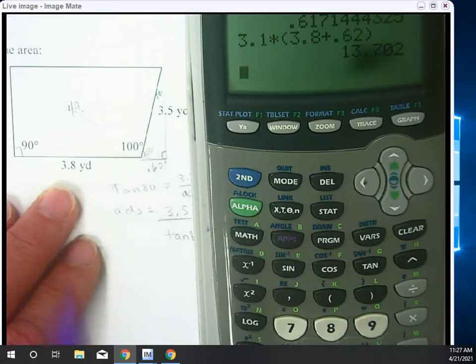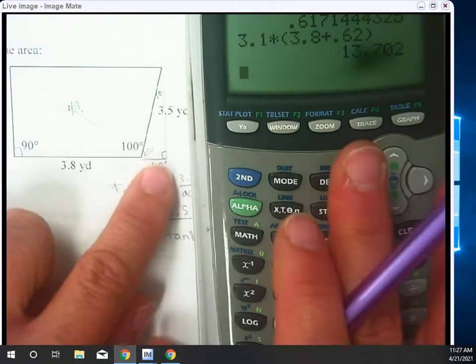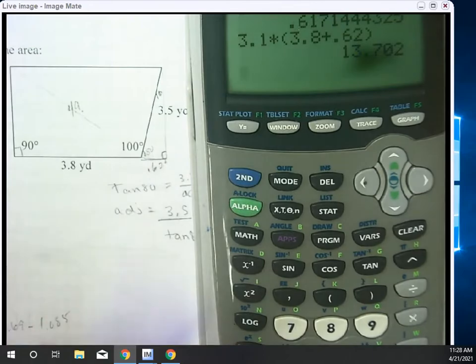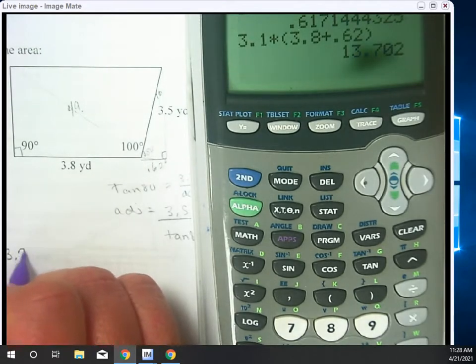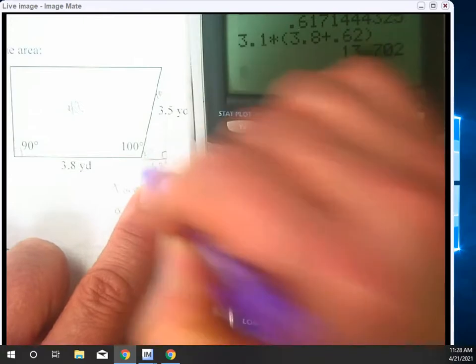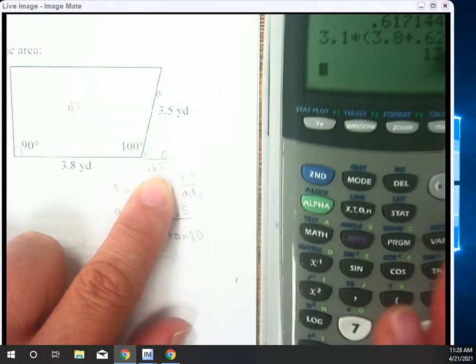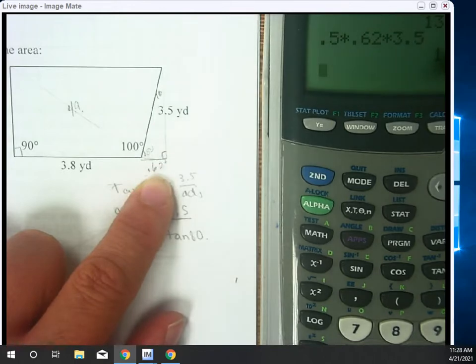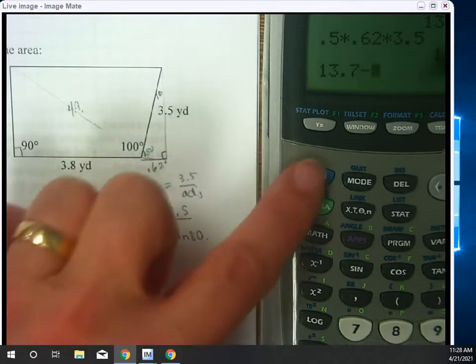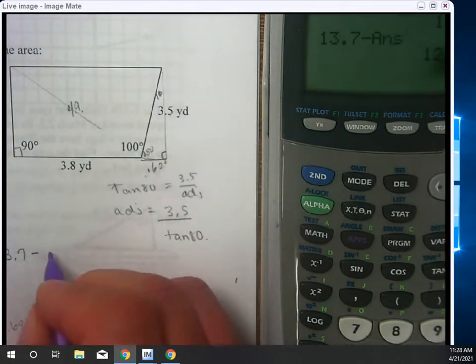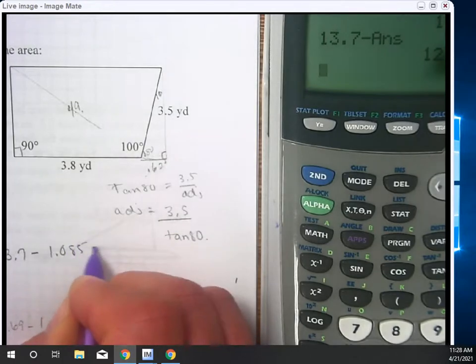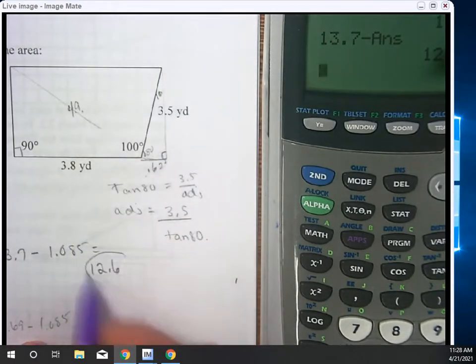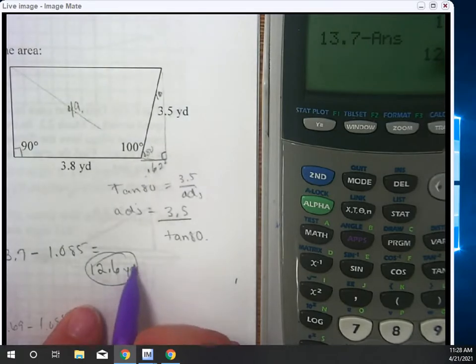Then you're going to have to subtract off this triangle. 13.7 minus this triangle, which is 1/2 base times height. 1/2 times the 0.62 times the 3.5, and that's in yards, is 1.085. 13.7 minus that answer is going to tell me that the area is 12.6 yards squared.